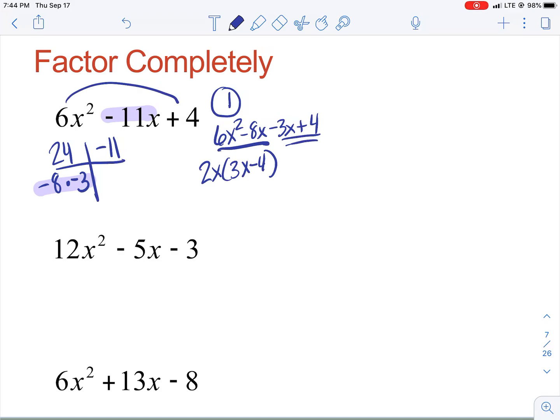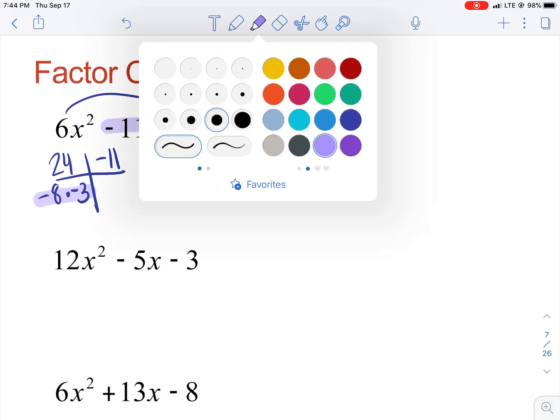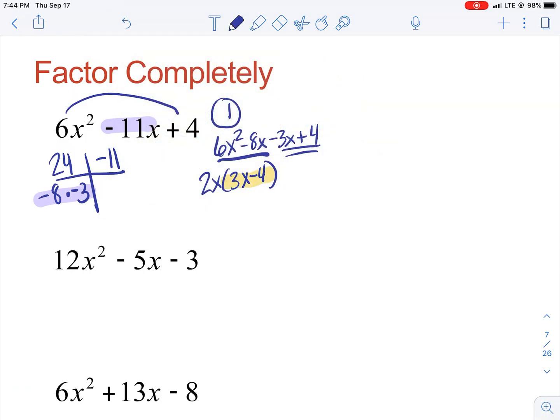And then we just talked about that. I can't take anything out, but I want it to be a positive 3 because I need it to match this set of parentheses. So I'm going to take out a negative 1. That gives me 3x minus 4. Now they match. So my answer is 3x minus 4, because that's what the parentheses is, and 2x minus 1.